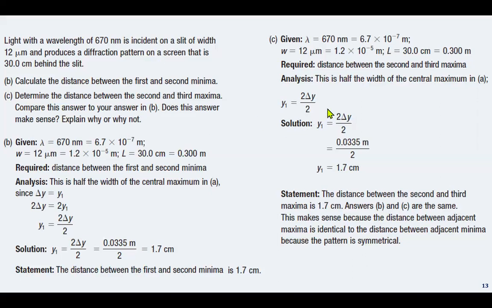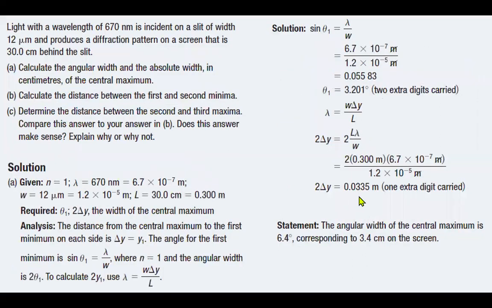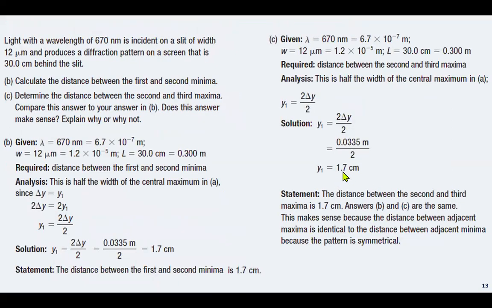So y1 equals 2 delta y over 2, which is actually delta y, right? We have here, twice of delta y is 0.0335 meters. So delta y is approximately 1.7 centimeters.